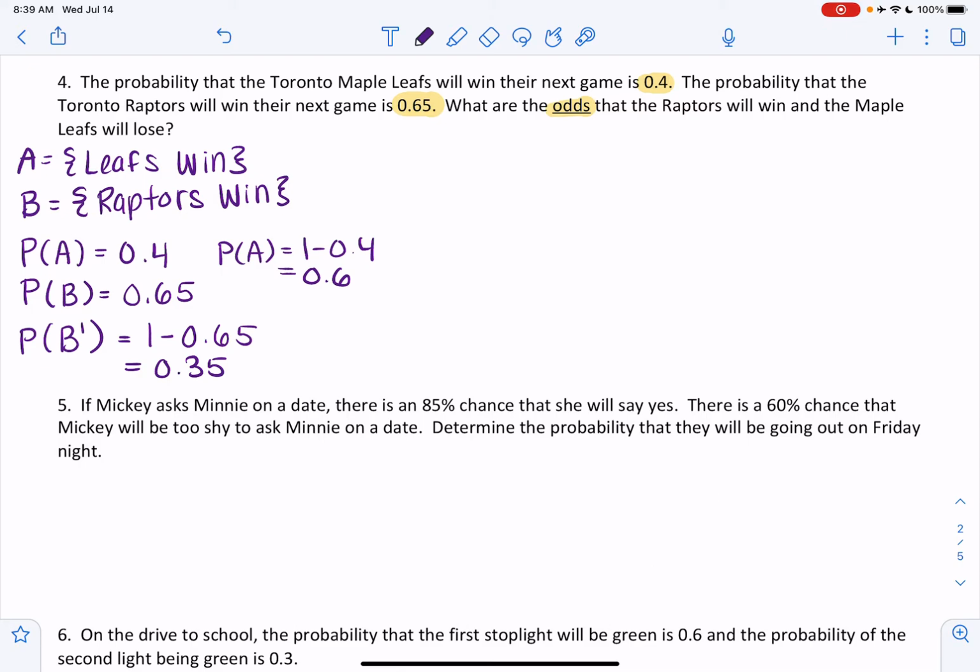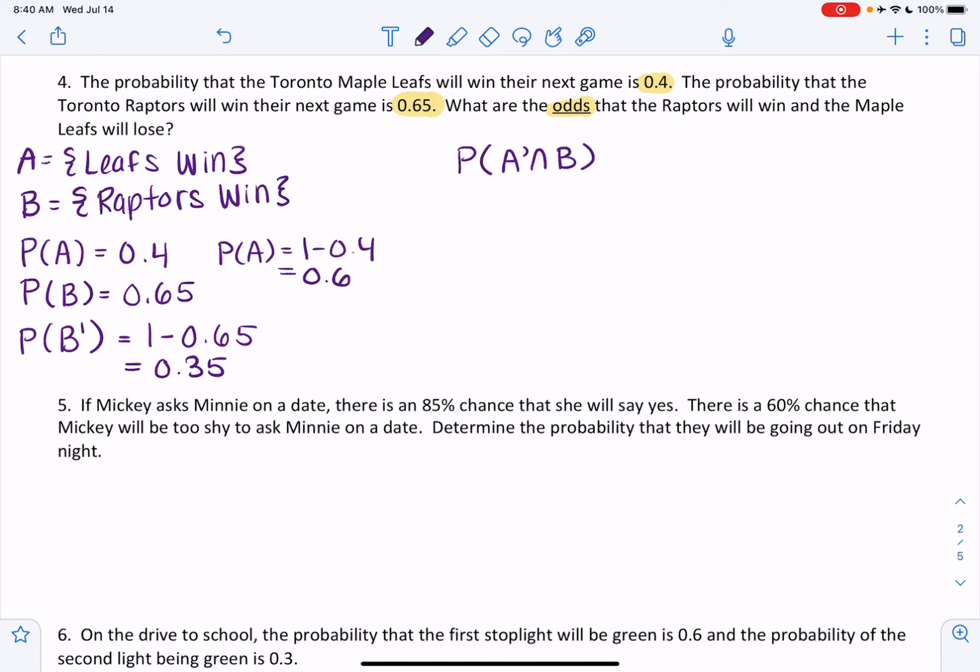So what we'll do is we'll first start by finding the probability that the Leafs win and the Raptors lose. And we want that to look like this. So we want to find the probability that the Leafs lose and the Raptors win.